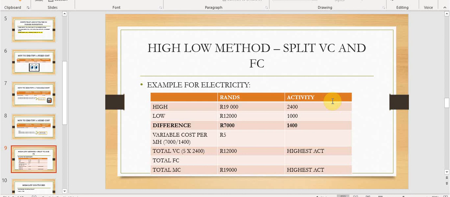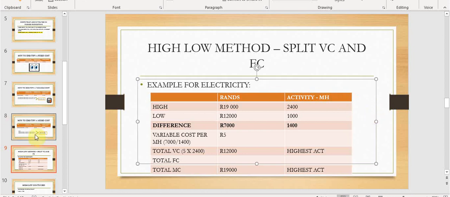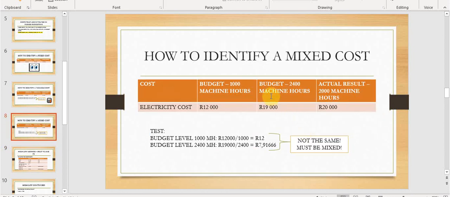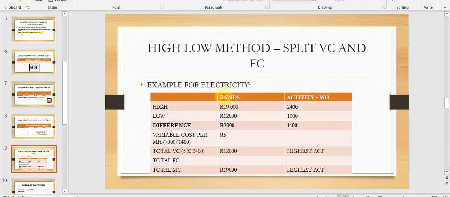For the high-low method, we go and see for the electricity what the highest and lowest values were in terms of rand and also in terms of the activity, which in this instance is the machine hours. If I go back to the scenario, you will see for the budget, the highest machine hours was 2,400, the lowest was 1,000, the highest rand value was 19,000, the lowest was 12,000. I simply typed it in under high and under low.